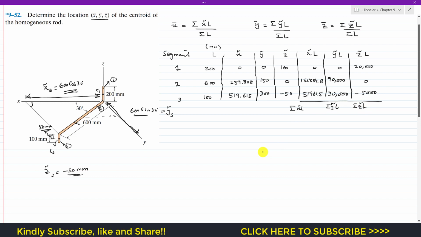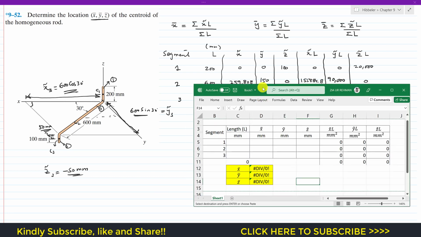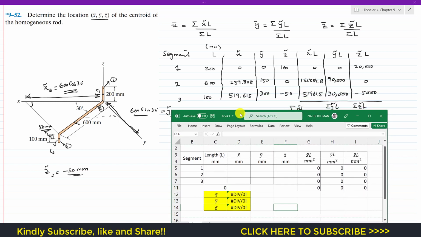Now I have made a table for such kinds of problems in Microsoft Excel. We can use that to calculate all these, so let me put all these values. For segments 1, 2, 3, the length is 200 and x tilde is 0, and y tilde is 0, z tilde is 100. It will calculate these values directly, since I have put the formula in Excel.